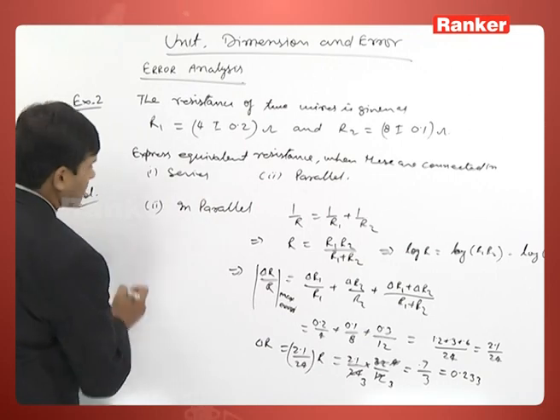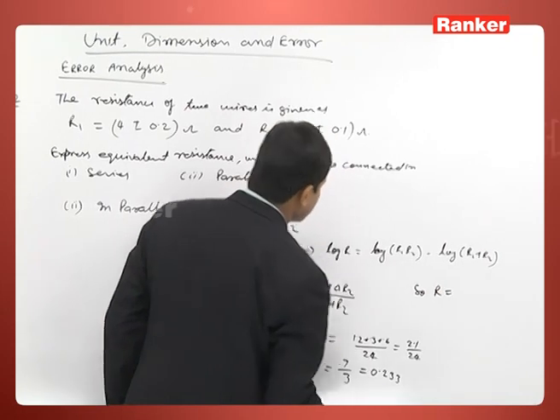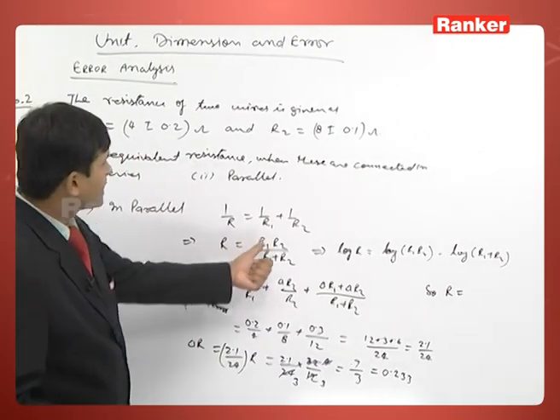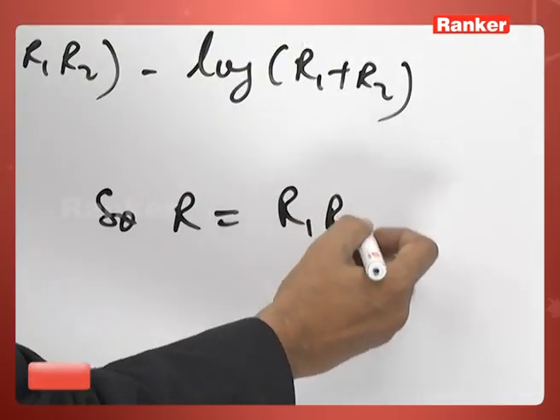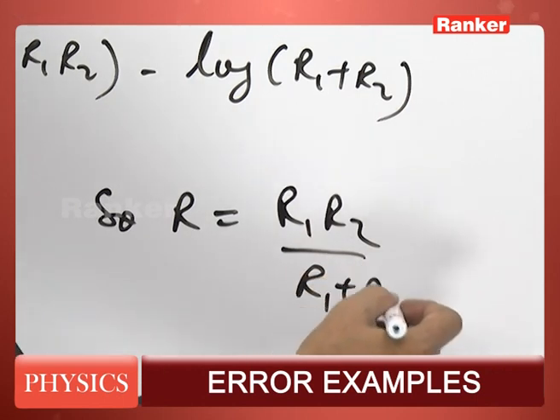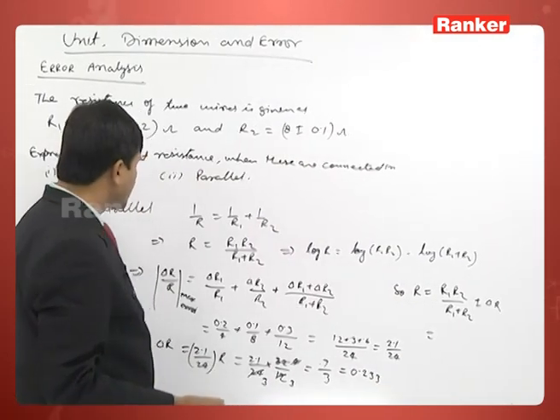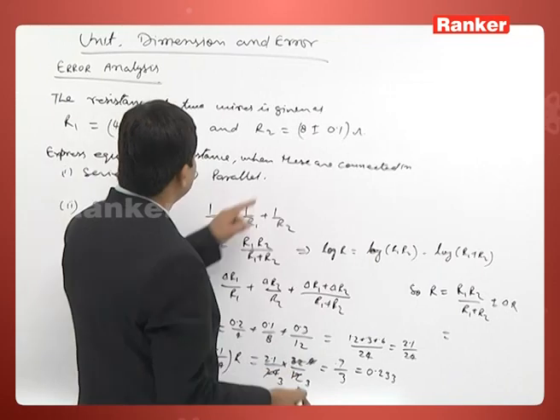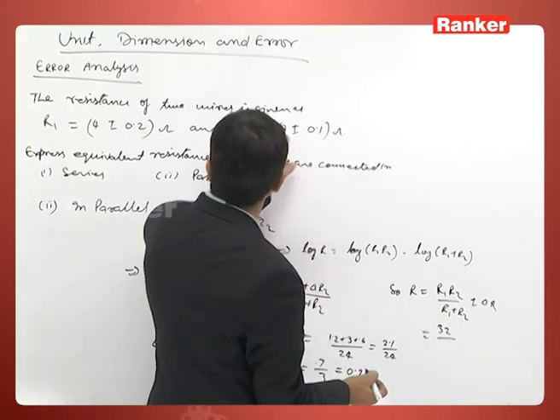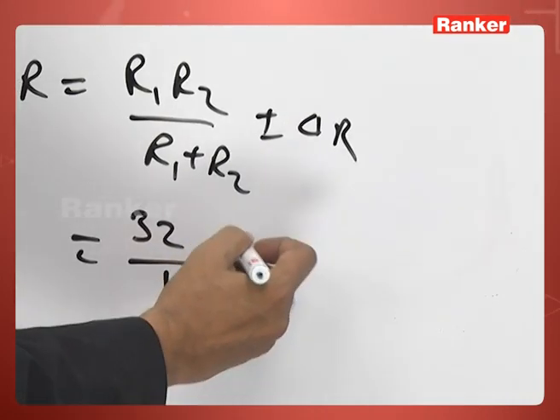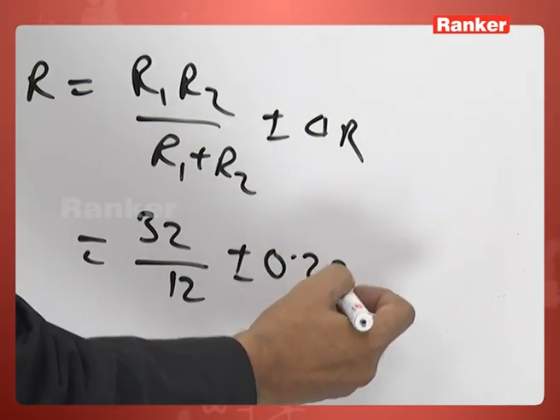So finally, R is the resultant R. Resultant R is R1 R2 by R1 plus R2 plus minus delta R. For R1 R2 by R1 plus R2, we can have R1 R2 32 and R1 plus R2 8 plus 4, 12, plus minus the delta R value we got, 0.2, 2, 3 into 3.